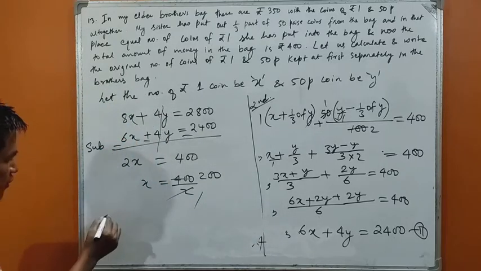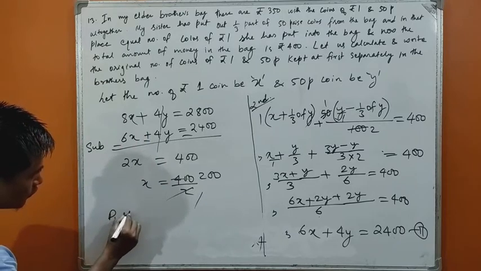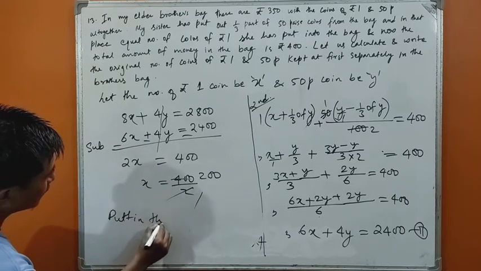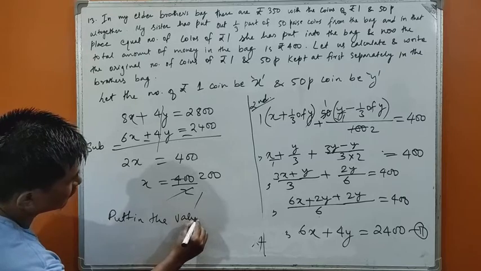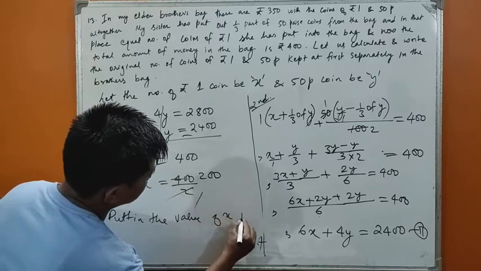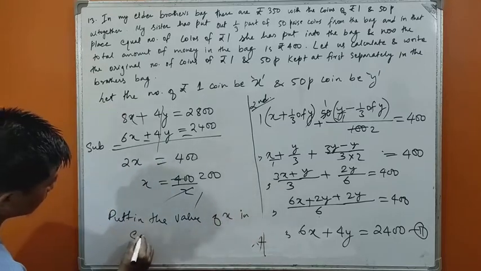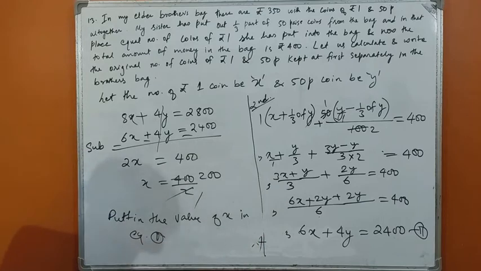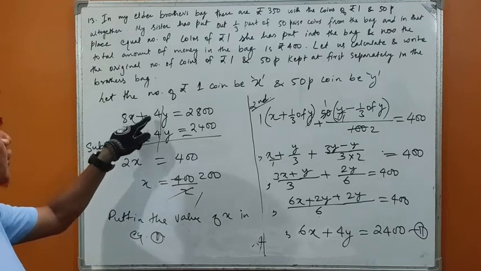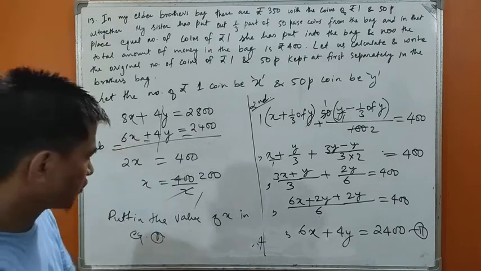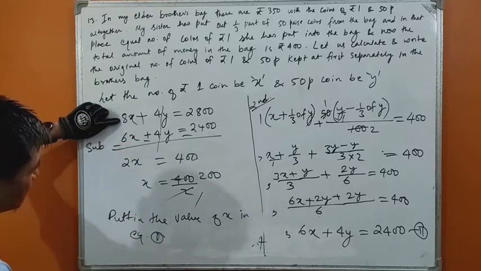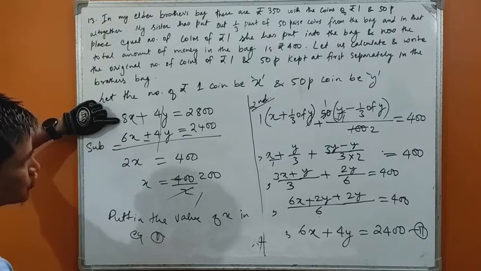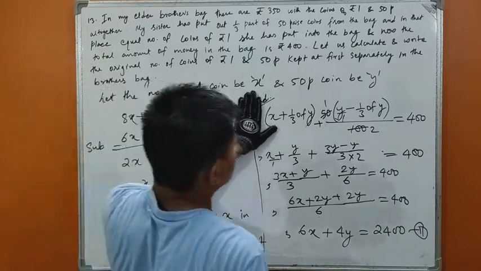Putting the value of x in equation 1. We have 8x plus 4y equals to 2800. Please take the screenshot.